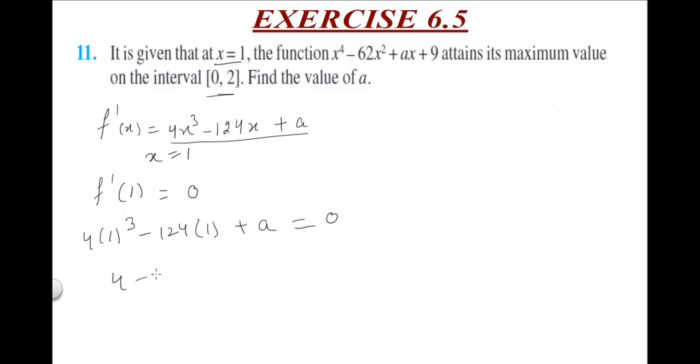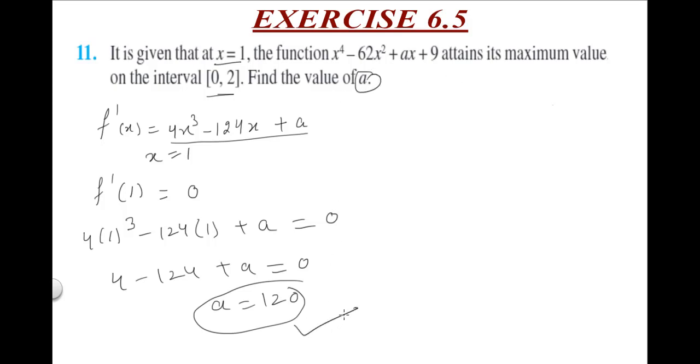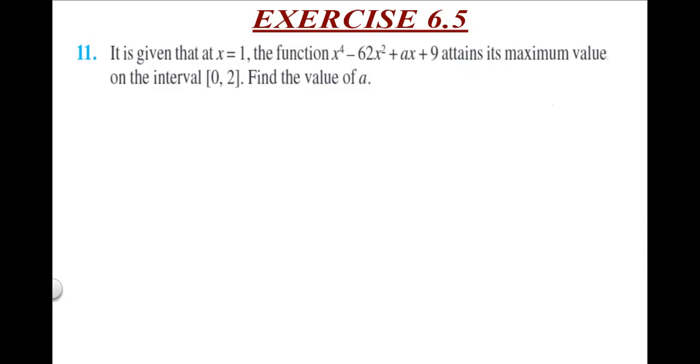So we have 4 minus 124 plus a equals 0, and we get a as equal to 120. So the value of a will be 120, at which the function attains its maximum value. Clear? Let us go with another question.